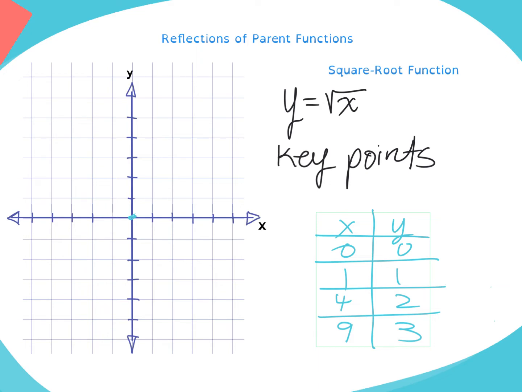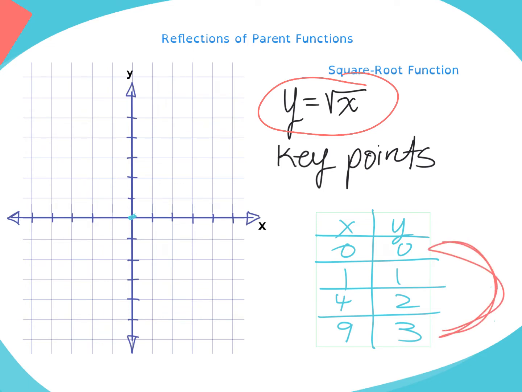Okay, so first of all, let's take a look at the parent function of the square root function, which is y equals square root of x. I'm not going to spend too much time on that because it seemed quite understood during the lesson today. I will spend a little bit more time on the last 3 slides. I laid out the key points here.